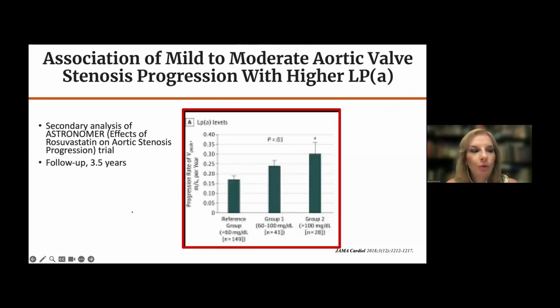But let's move to aortic stenosis. Aortic stenosis is also a disease whose progression is influenced by higher levels of LPA. You can appreciate very nicely in this study, a secondary finding of the astronomer rosuvastatin study on aortic stenosis.